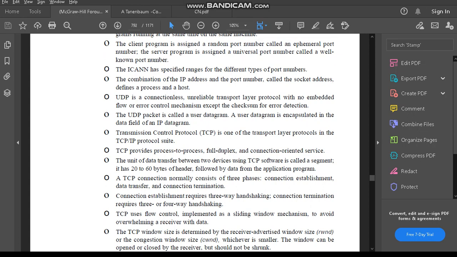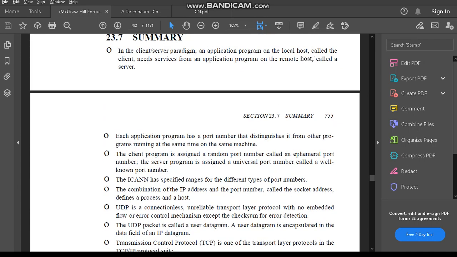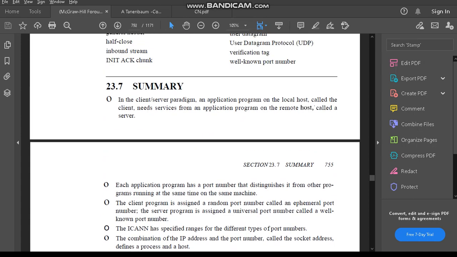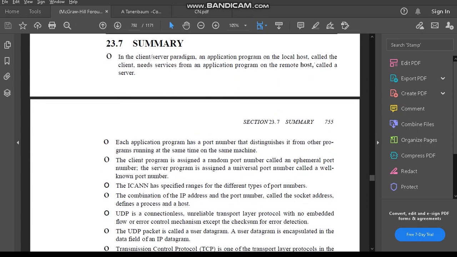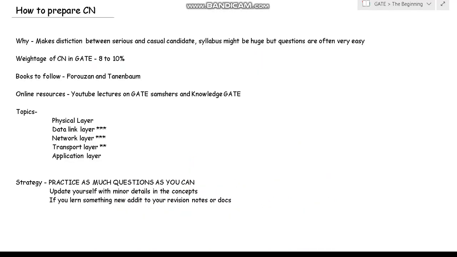Even if you are smart, it will still take a little bit of time to understand and come to that conclusion. But if you have read the property in the summary section, you can solve that question very easily and move on fast, right? So keep this in mind whenever you are preparing CN: just go through the summary of that chapter in Forouzan. That will help you a lot.